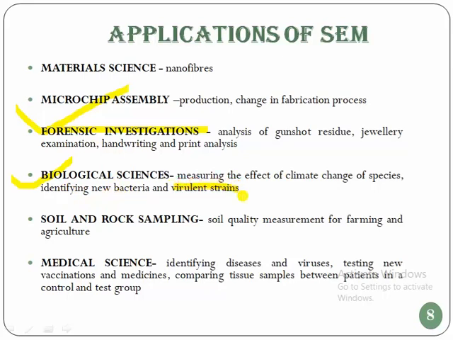So dear learners, today we are suffering from a pandemic situation, COVID-19. So here there is an application of scanning electron microscope. We can measure the effect of climate change on these species to identify different bacteria as well as viruses.